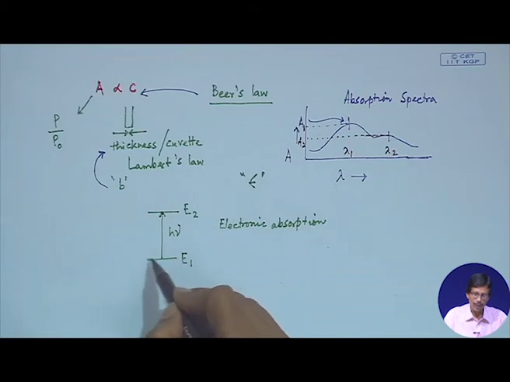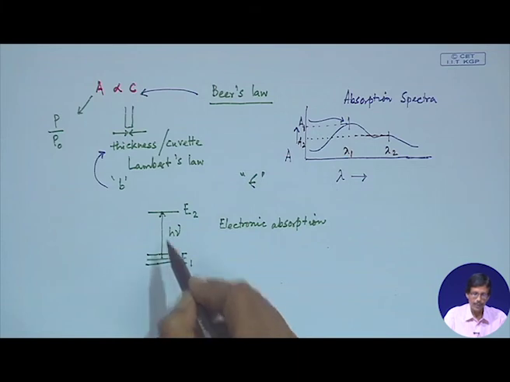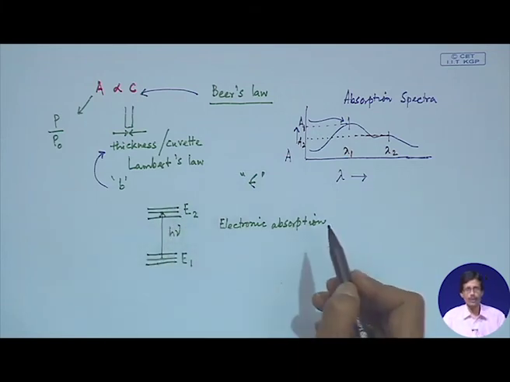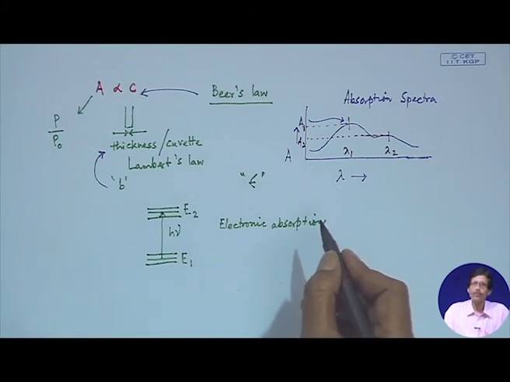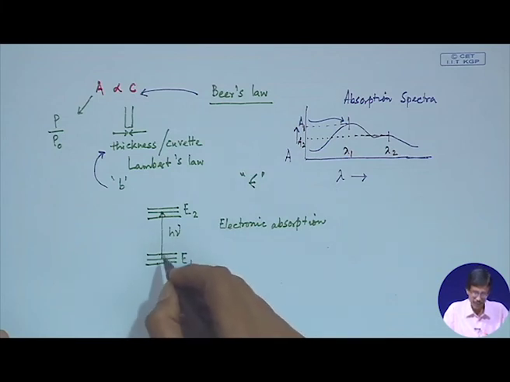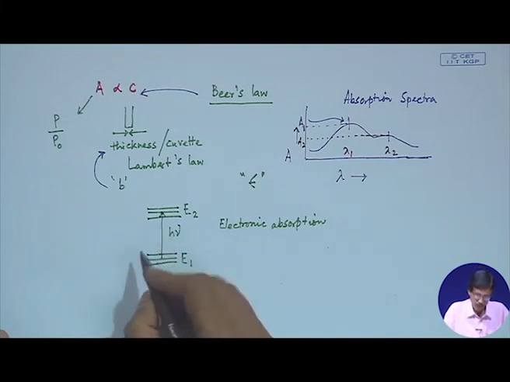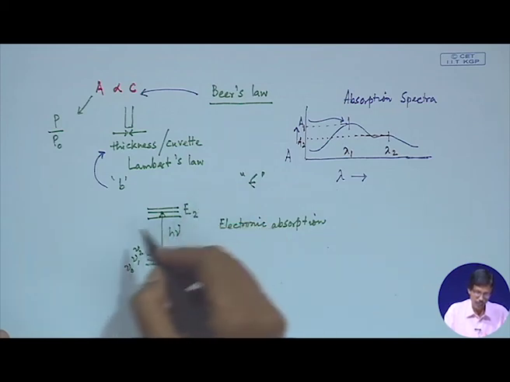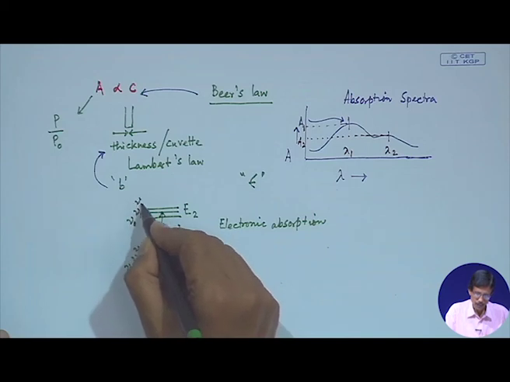You can have small vibrational levels in the lower electronic state as well as in the upper electronic state, and we can see how these different transitions can change. These vibrational levels can be V0, V1 and V2. Similarly, the different vibrational levels associated with the energy level E2 are also V0, V1 and V2.